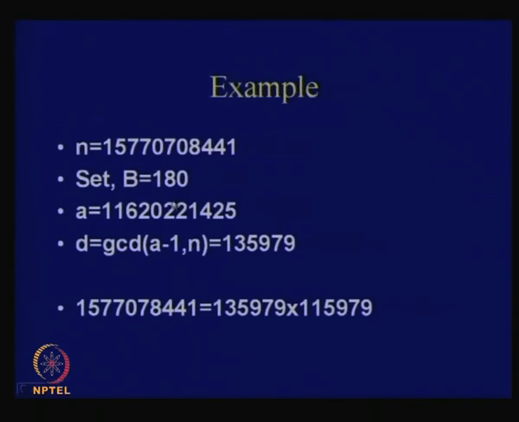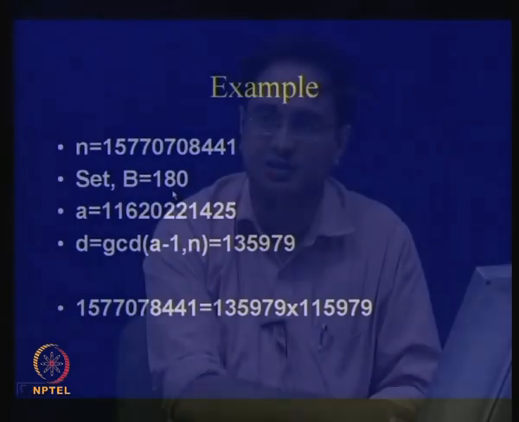Although if b is very large the algorithm will succeed, the number of computations will also increase, and it will slowly approach the trial division algorithm, okay. But if the value of b is indeed small enough, then this algorithm will succeed.